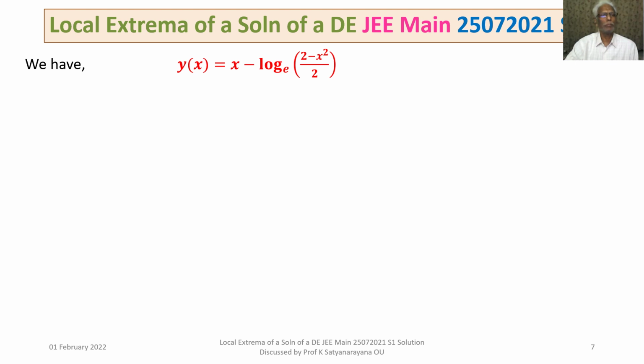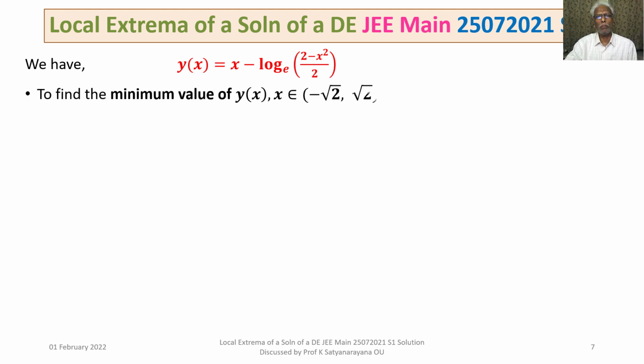We have the solution. To find the minimum value of y of x, x belongs to minus under the square root of 2 to under the square root of 2.